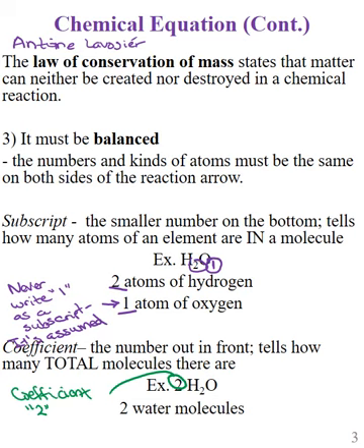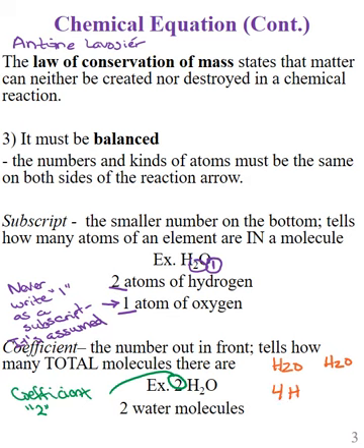Now, just for fun, if I have 2 water molecules, how many hydrogens would I have? Well, think of it this way. If you have 2 H2Os, you have one there, and another one here, right? You have 2 of them. So how many hydrogens are there? 2 plus 2, so that's 4 hydrogens.